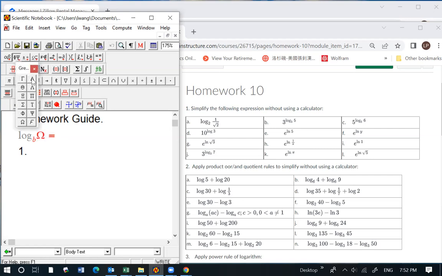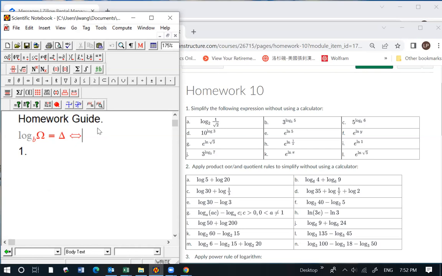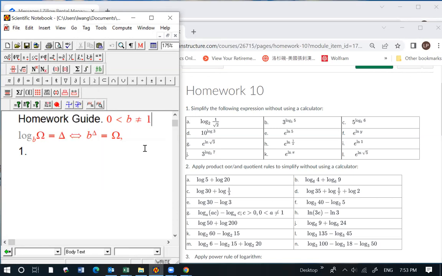Every symbol is a placeholder. In this relationship, b raised to the power of triangle equals omega. And here we emphasize the importance that the base for exponential functions and logarithm functions must satisfy this condition, which is positive, but not equal to 1.